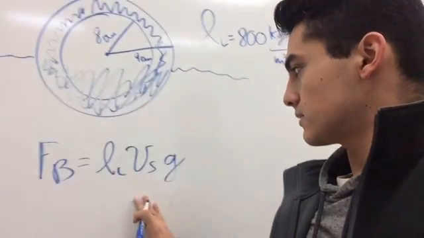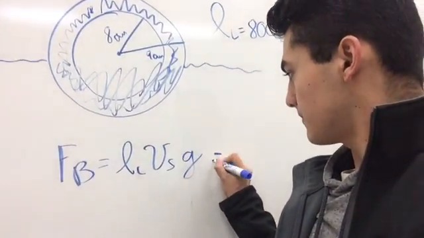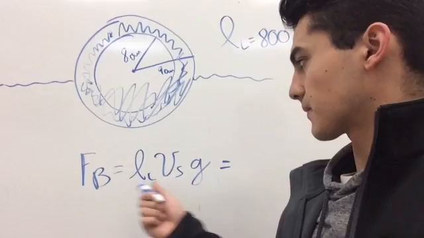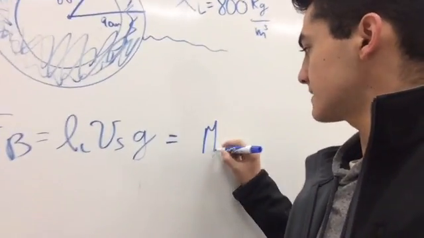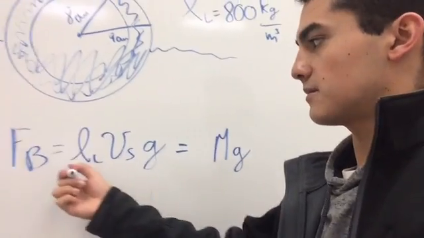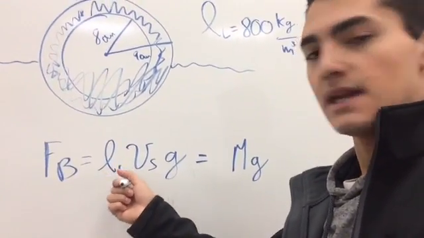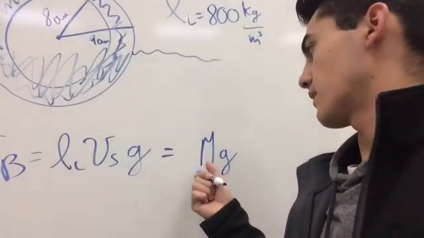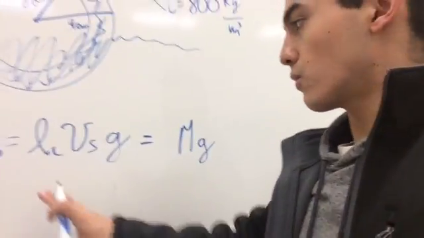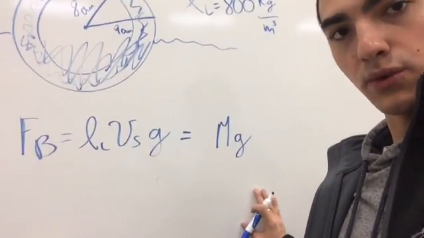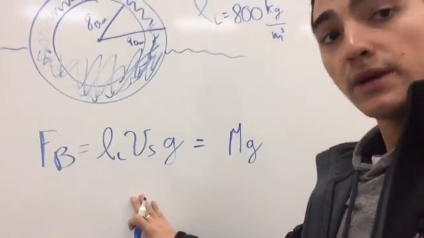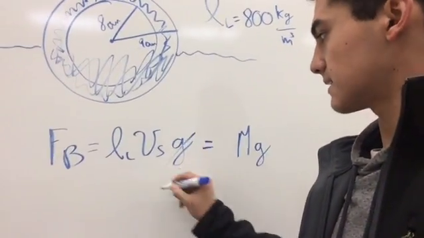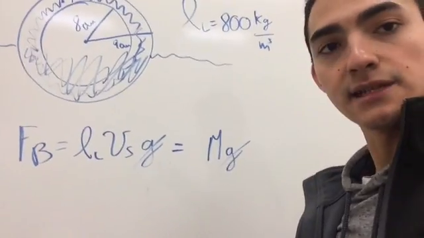Once we know this, we also know that the buoyant force is equal to the mass times the gravity, because the volume times the density is equal to the mass. So once we have this equation, we can see that the gravity is on both sides, so we cancel it.